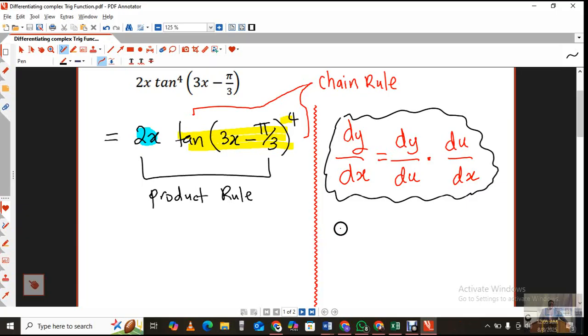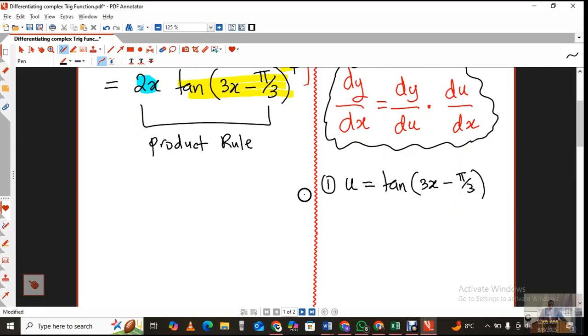Now, let's do the tangent function that you have there. So let's say, number one, u is equal to the tangent of 3x minus pi over 3. And before I do the second one, maybe I can do du/dx.